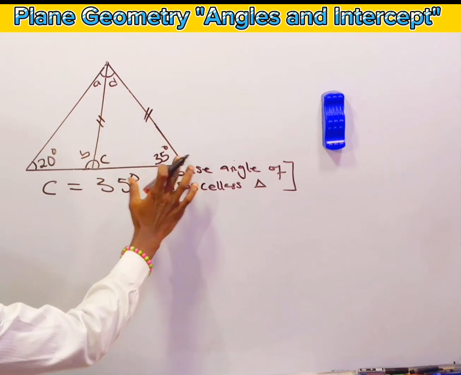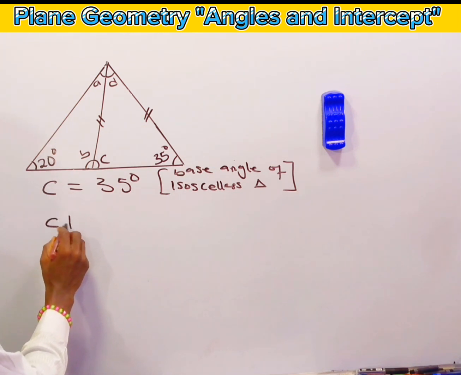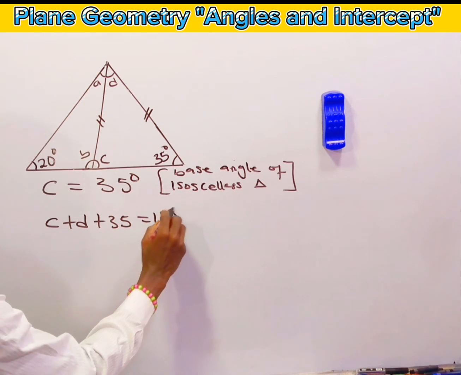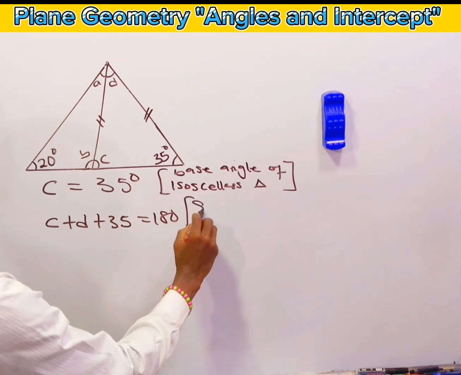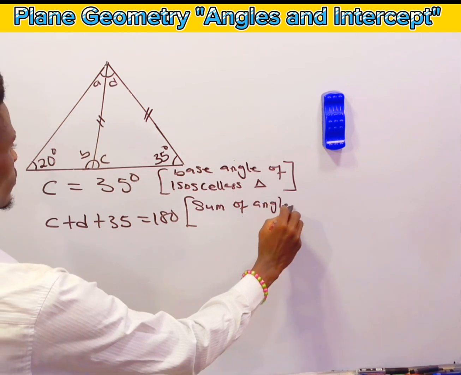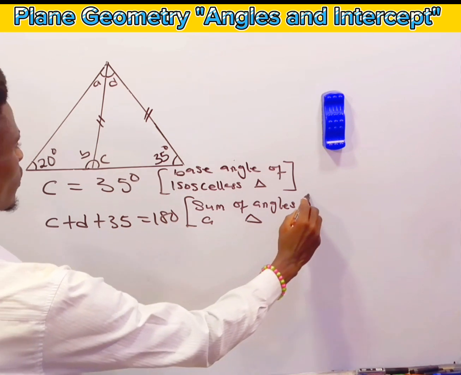Since this line is equal to this line, we can get D by simply saying C plus D plus 35 equals 180. Reason, sum of angles in a triangle.